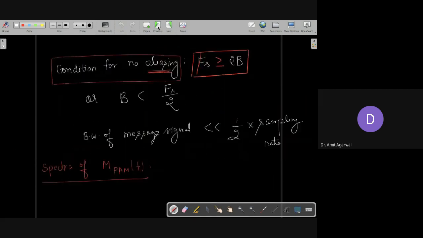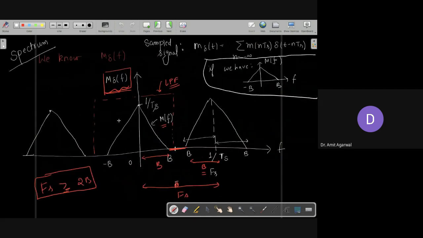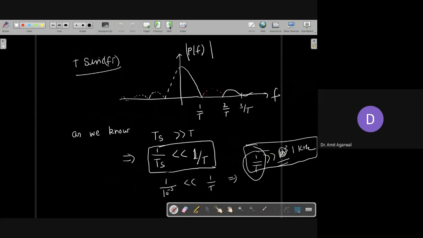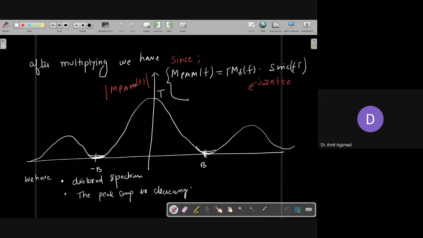Because when you ideally sampled it, the spectra of your ideally sampled signal was this. But practically, when you are using a practical pulse, PAM, then the spectra will be a little bit distorted. Do you agree? Because it is not perfect.